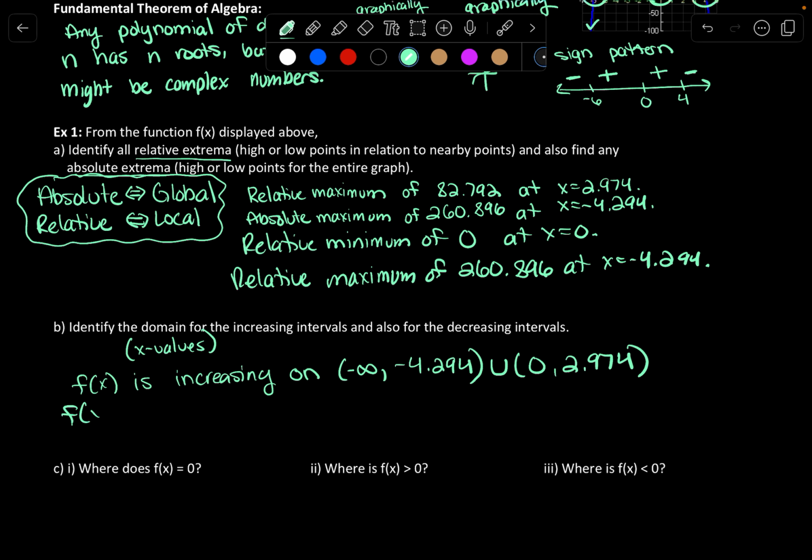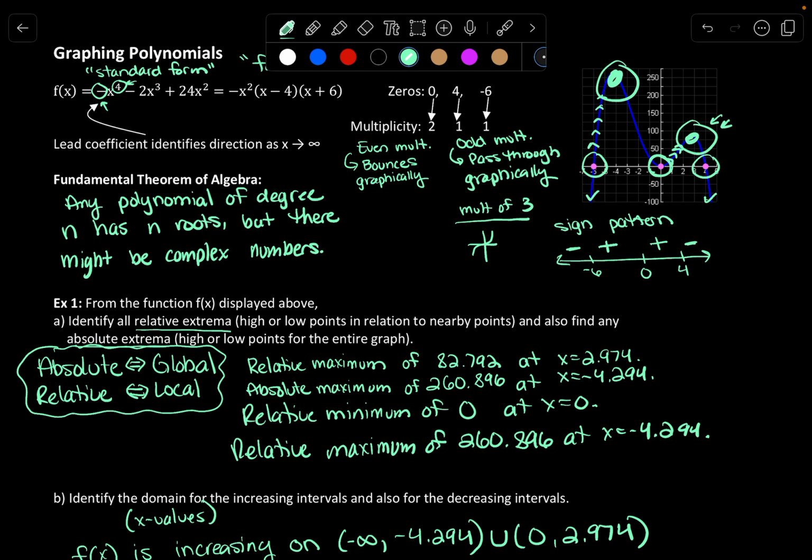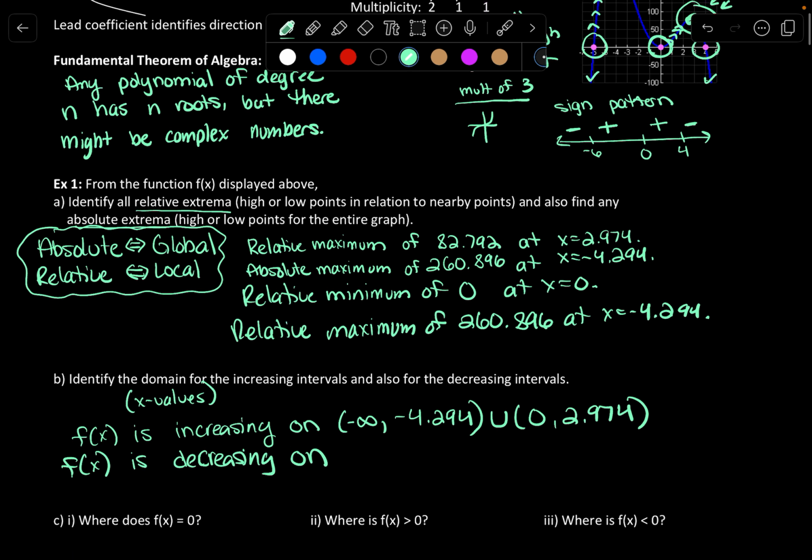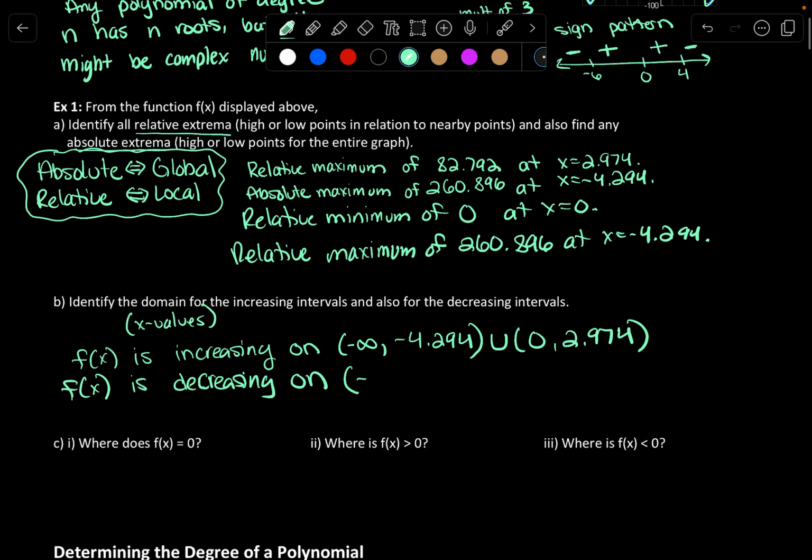So now we'll cover decreasing. F of x is decreasing. So f of x will decrease out of a maximum, okay? So we know that we have a maximum at x equals negative 4.294, so it's going to decrease out of that, or just pick up from where the increasing left off.